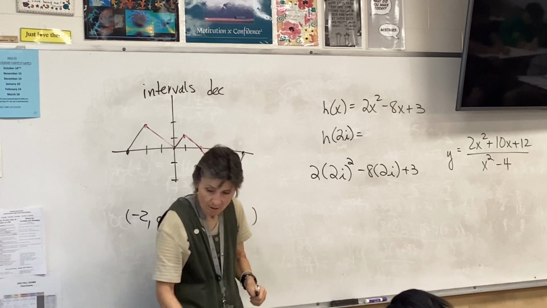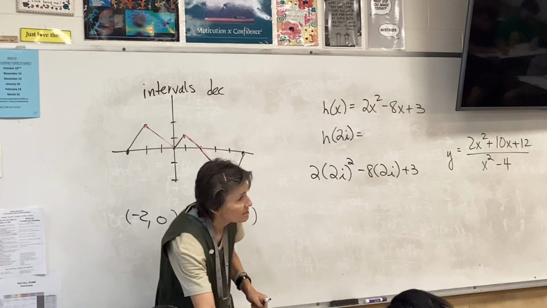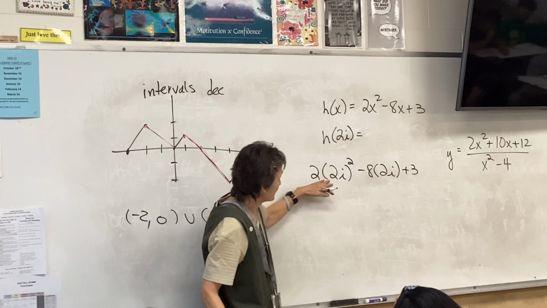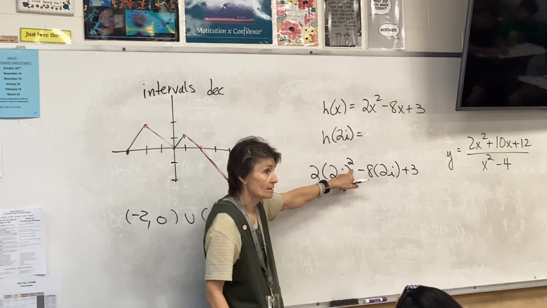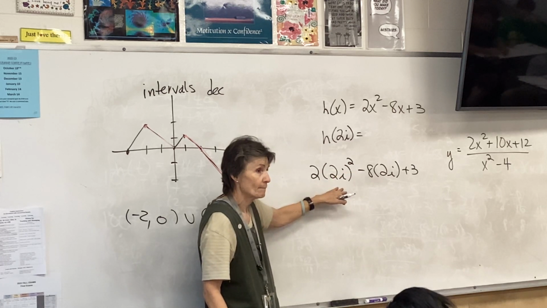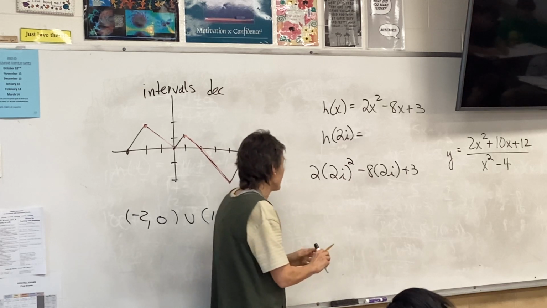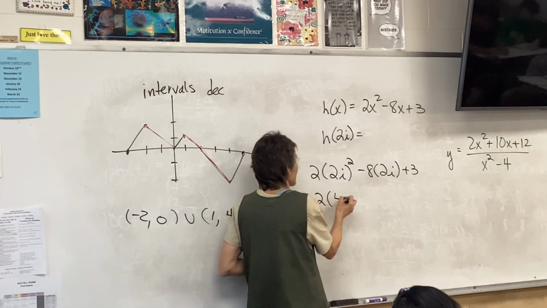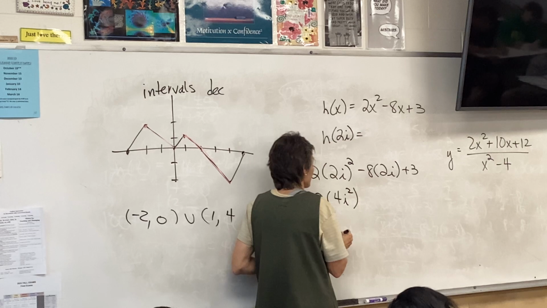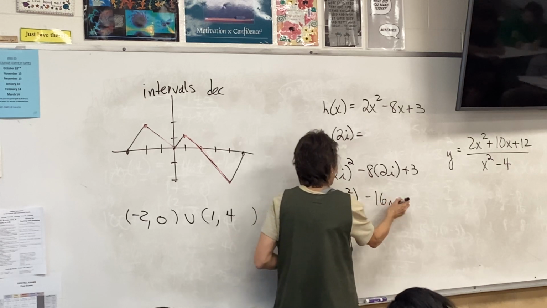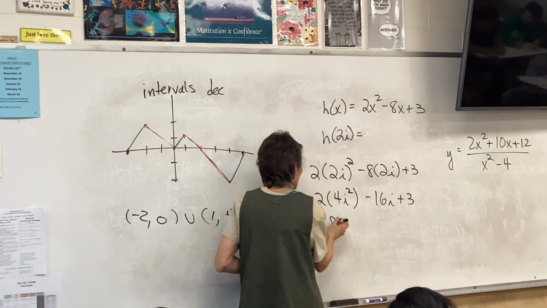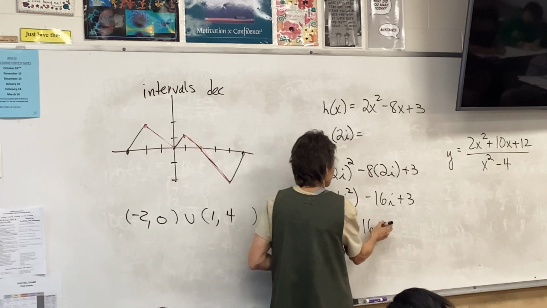Please remember PEMDAS. When you look at something like this, you square before you multiply. So this is going to be 2 times 4i squared minus 16i plus 3. So 8i squared minus 16i plus 3.